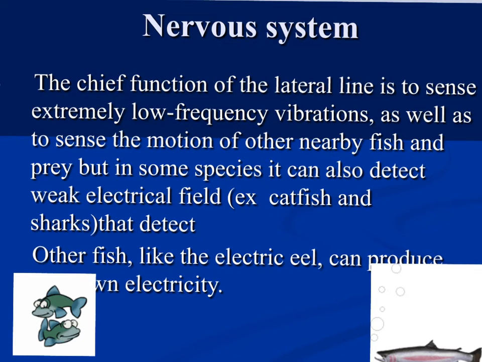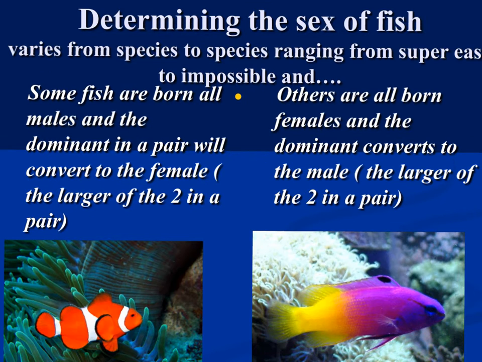They can determine motion of, if you were to toss out a fishing lure. They can also detect very weak electrical fields. Catfish and sharks can do that. And then some fish, like electric eels, can produce their own electricity.